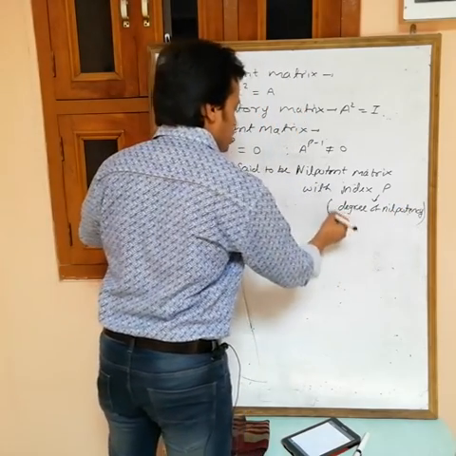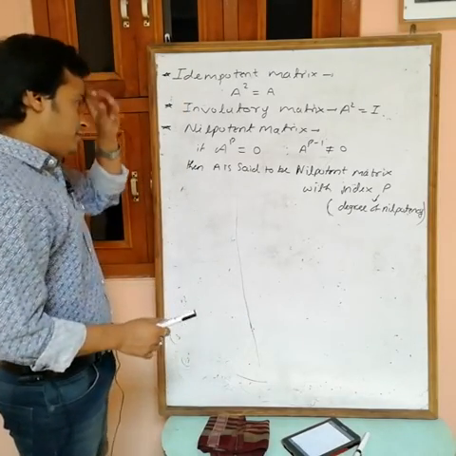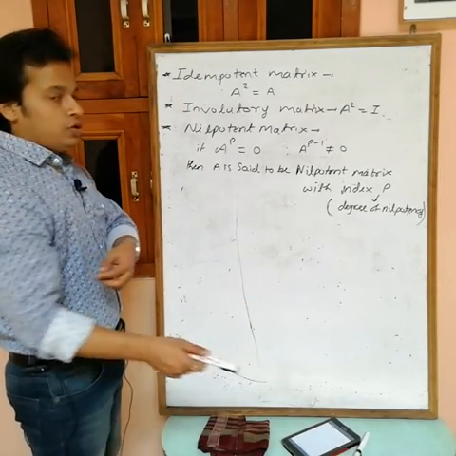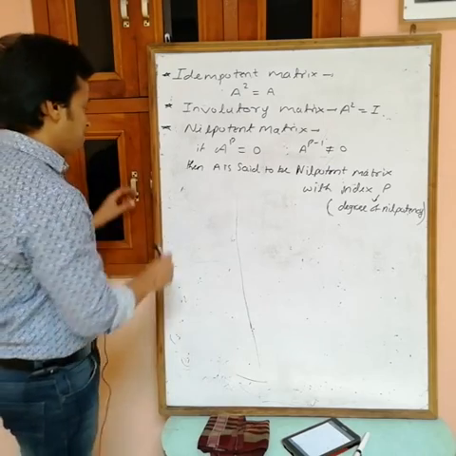Okay, P is known as the degree of nilpotency. So this is about nilpotent matrix.